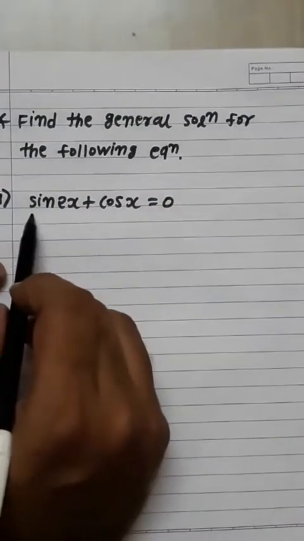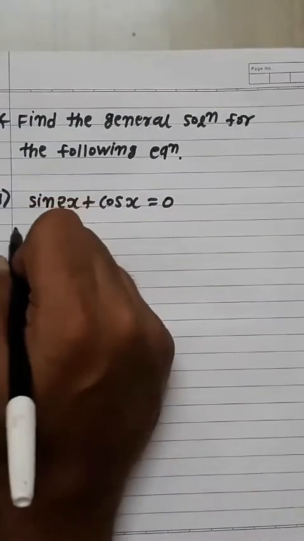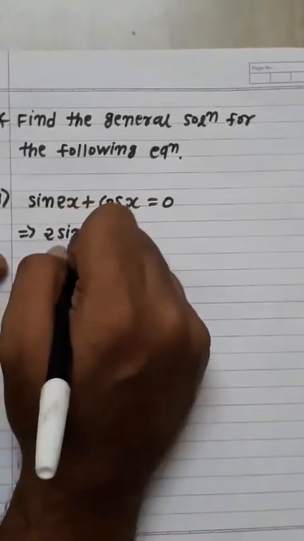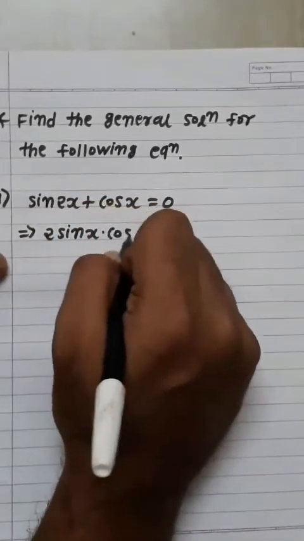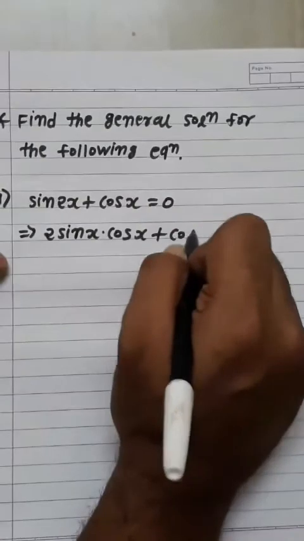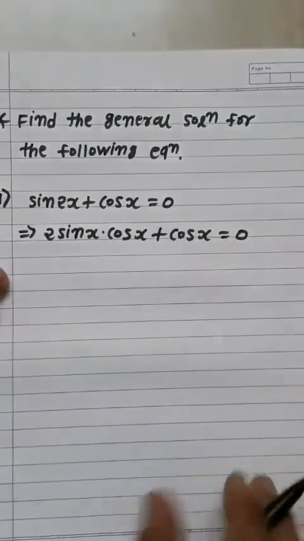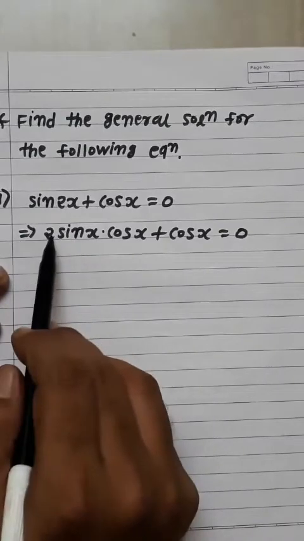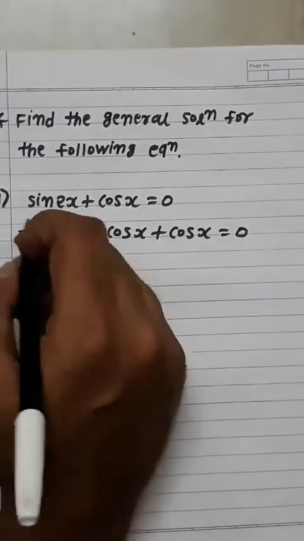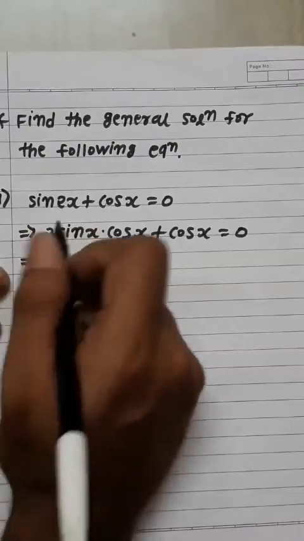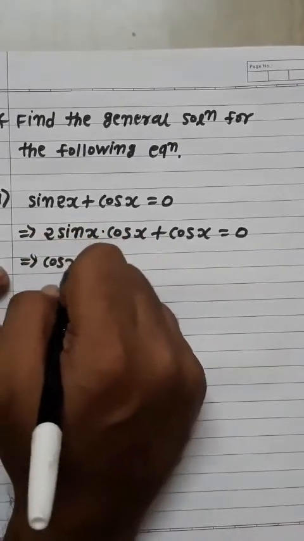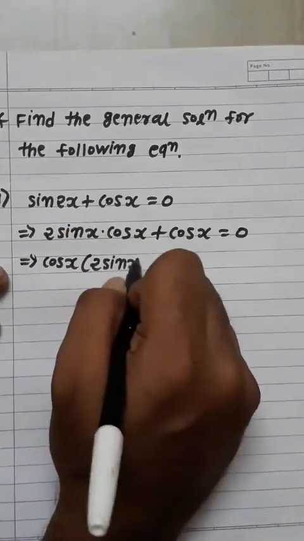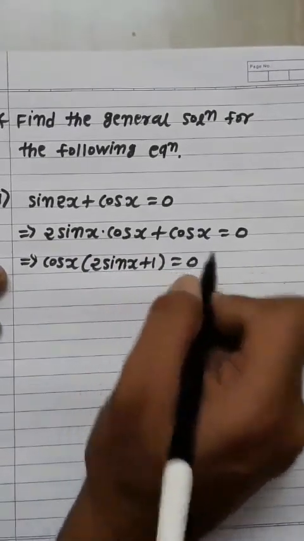Now we know the result: sine 2x is 2 sine x into cos x. So 2 sine x cos x plus cos x is equal to 0. Now we can take cos x common, so the remaining term is 2 sine x plus 1, is equal to 0.